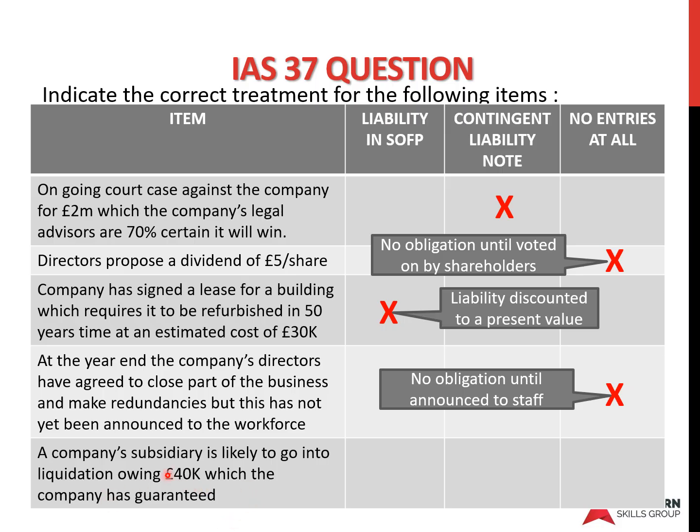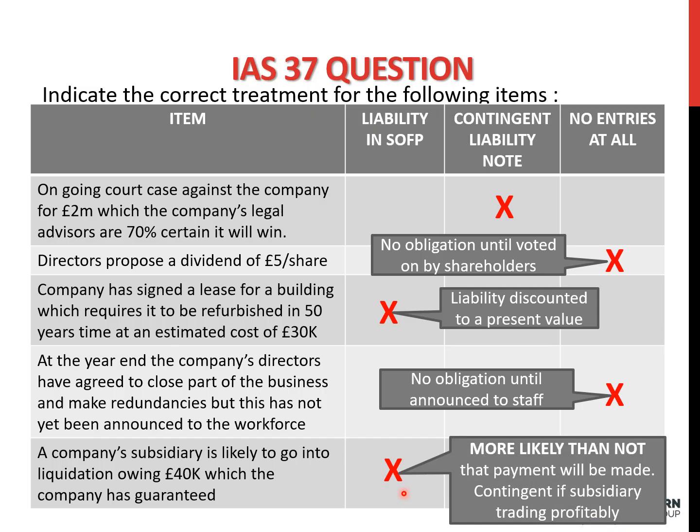It exists at the balance sheet date, and it's more likely than not, bearing in mind the company's financial situation, that the company is going to have to make a payment under that guarantee. So in this case, it goes as a liability in the statement of financial position. If the business was trading profitably, then it's unlikely that a payment under that guarantee would be required, and in that case it would be a contingent liability.